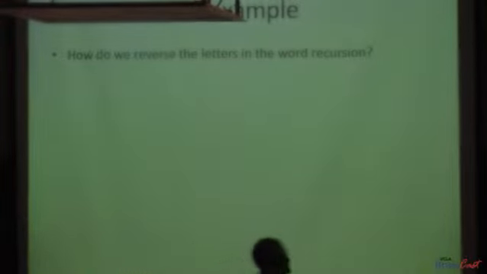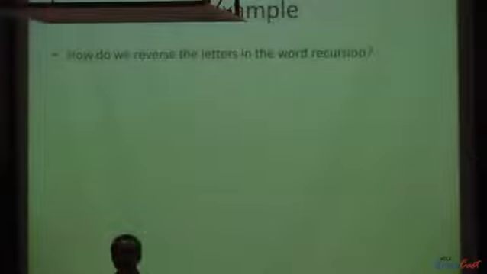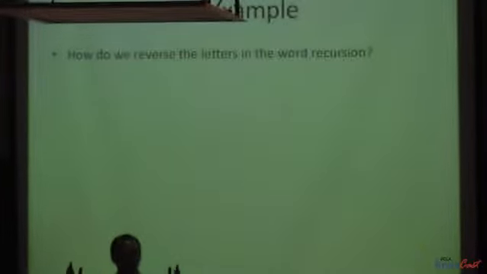Here's an example. So how would you reverse the letters in the word recursion? Let's say you have a string variable, and it has the characters recursion. How would you write code in C++ to just reverse, in place, reverse all the letters? Someone just give me an example of what you would do.